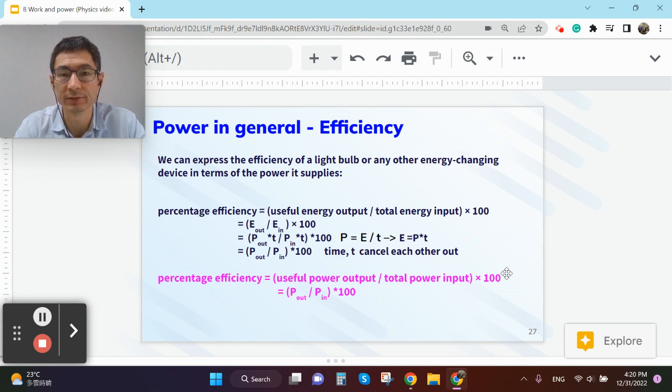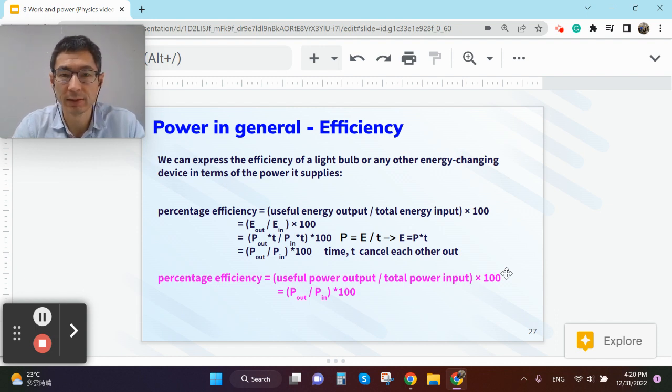In chapter 6 we calculated the efficiency using energy: useful energy output over total energy input, multiplied by 100, which gives us efficiency as a percentage.